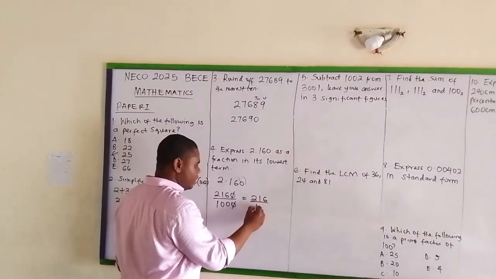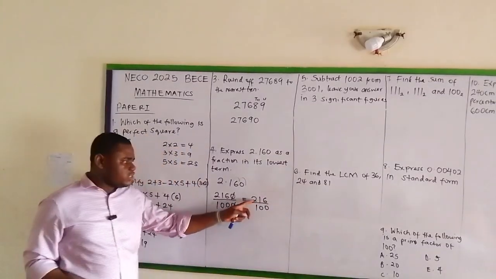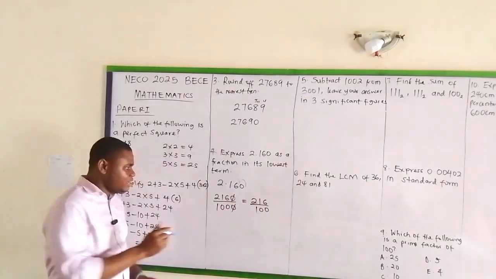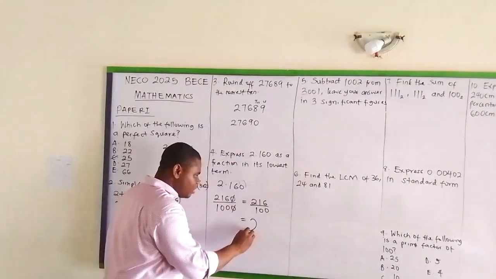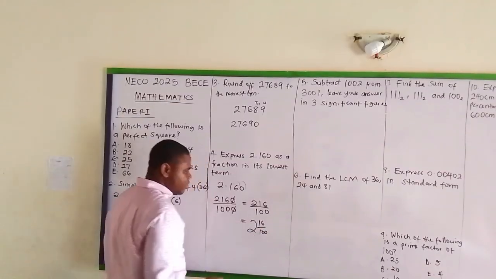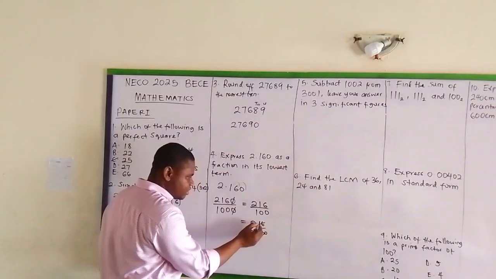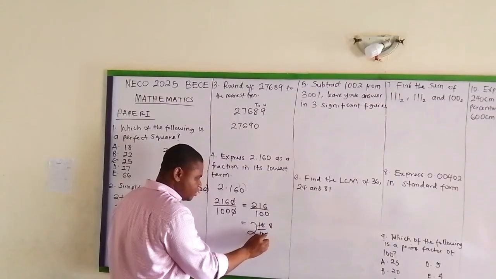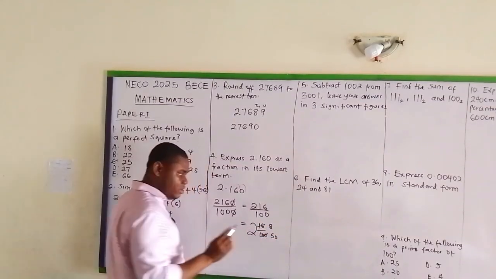216 over 100. So 100 goes into 216. Don't forget that 100 goes into 200, that is 2 times. So I'll have 2, remember the 16 over 100. In this case, 2 goes into 16, that is 8 times. 2 goes into 100, that is 50. I can still use 2.